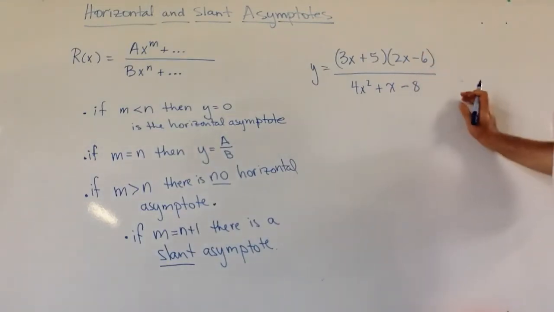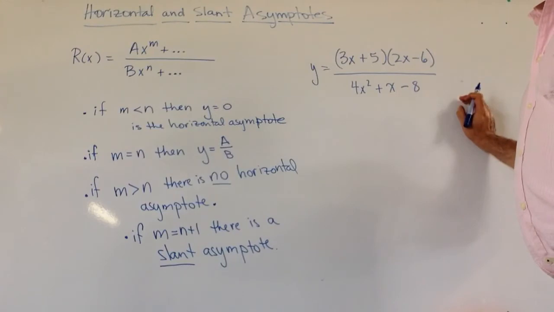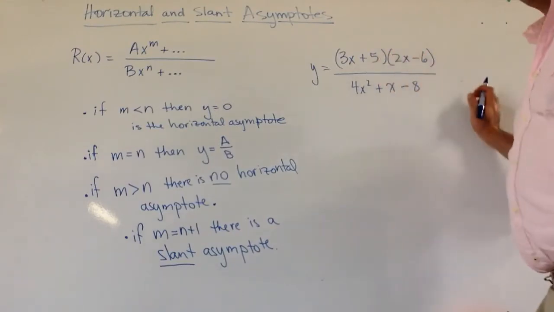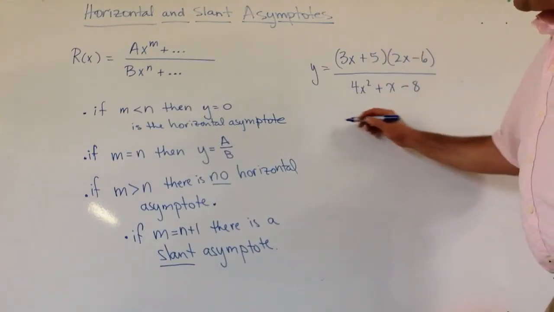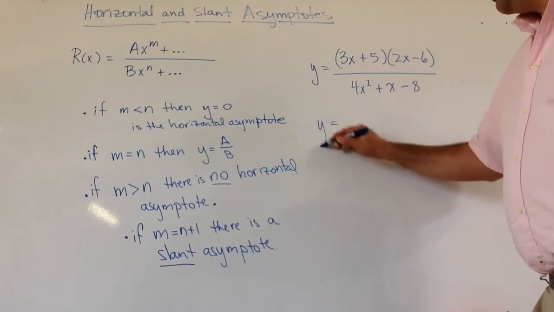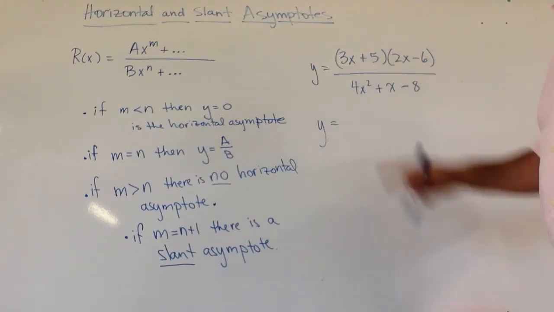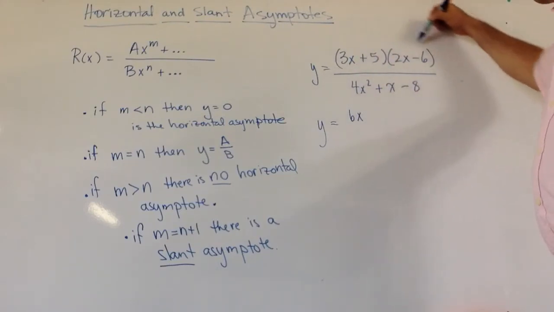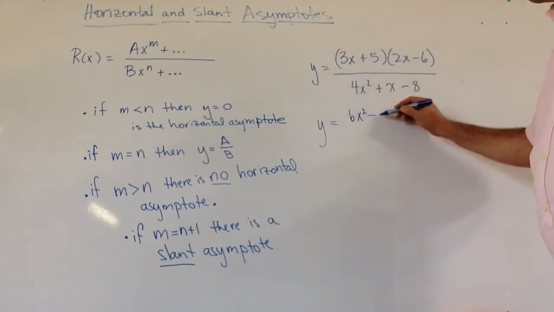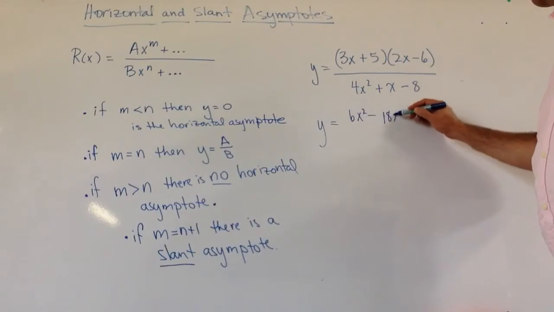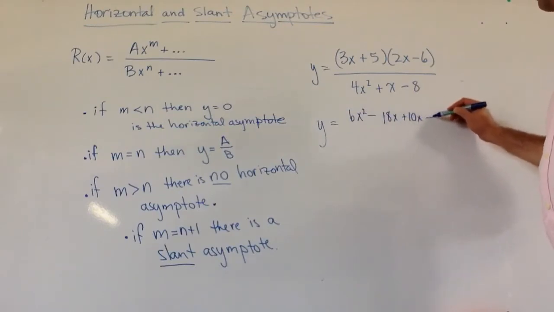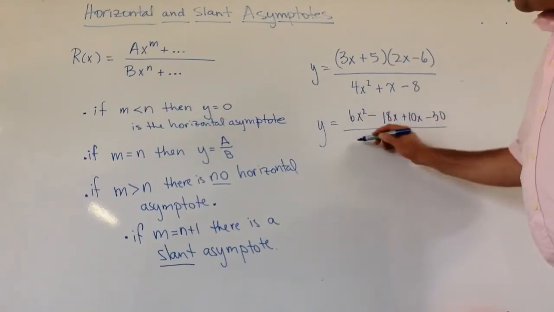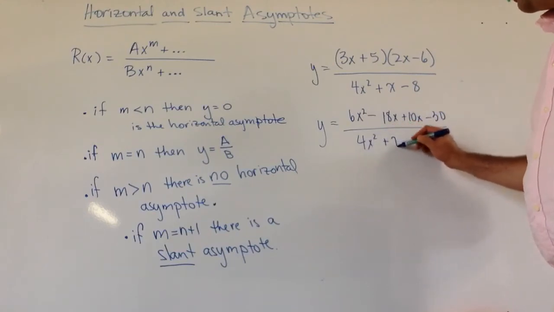Does it have a horizontal or a slant asymptote? Because it's not written in standard form, we have to rewrite it in standard form. We multiply this out, and we get 6x squared minus 18x plus 10x minus 30 over 4x squared plus x minus 8.